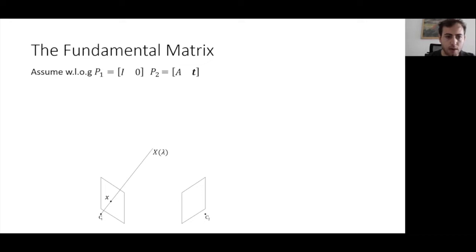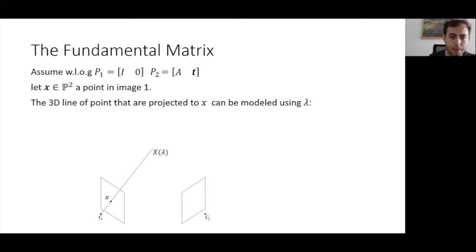Okay, so suppose that we have x in image 1, then we want to express the 3D line of points that will always be projected to x. And we want to model it using some factor lambda, which is the depth of this point. Can someone think of a way to model this line?